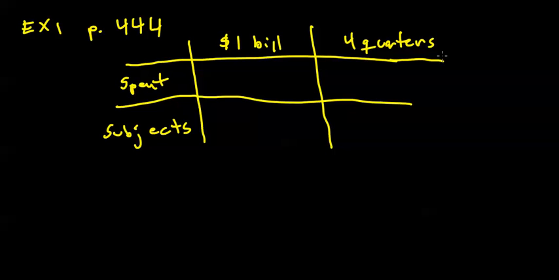Alright, so all the subjects were given either a dollar bill or 4 quarters. The group that got the $1 bill we call group 1, and the group that got 4 quarters we call group 2.